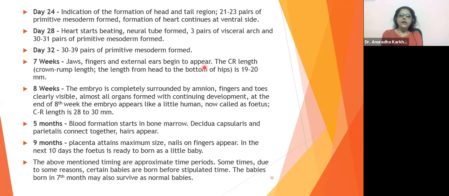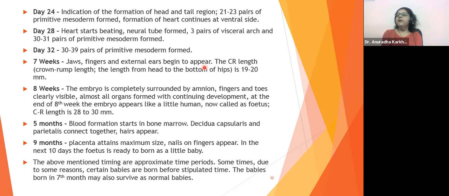Then day 24, indication of the formation of head and tail region. Okay, 21 to 23 pairs of primitive mesoderm form. So those mesoderm which was squeezing out of the primitive streak, now it has become 21 to 23 pairs thick. Formation of heart continues at the ventral side.